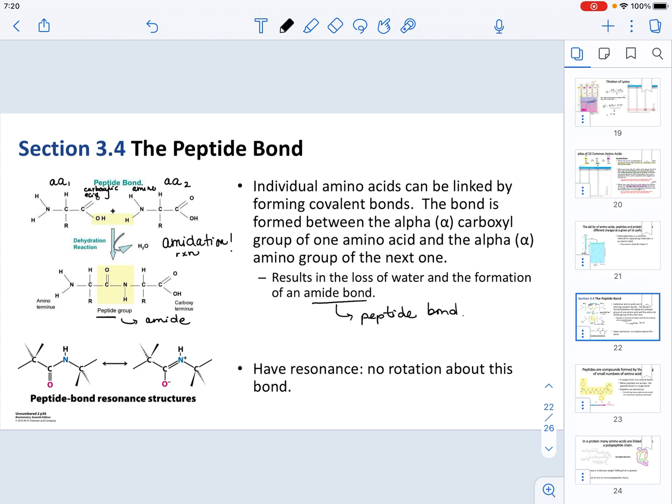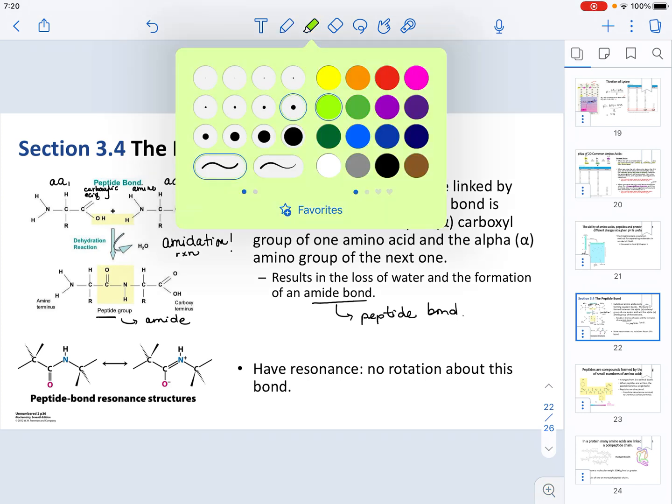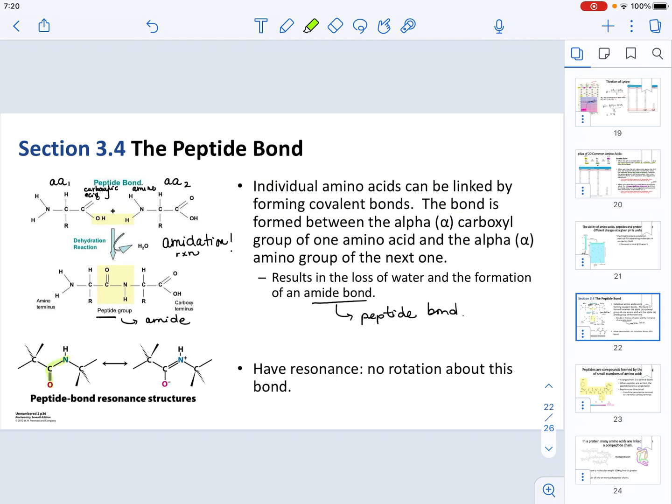It is important to note that the peptide bond actually has a resonance structure, and we can see it in the bottom left corner of the slide. Understand that in that peptide bond, in our resonance structure, because the nitrogen atom has a lone pair, those electrons can move and generate a carbon-nitrogen double bond.